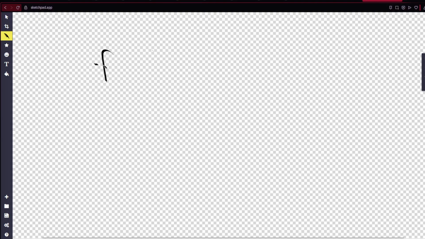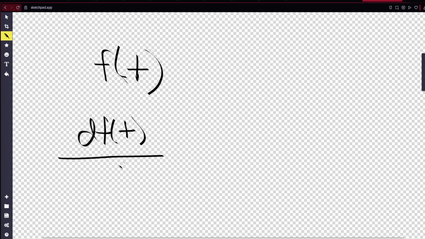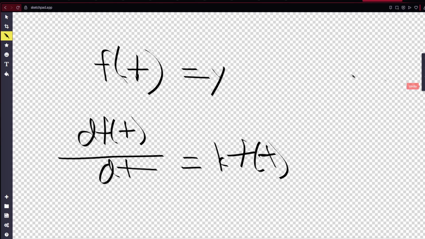So let's take a function f of t. Our book uses t because it's time, and time is typically the variable that many functions will be in. Let's say the derivative df/dt equals k f of t. In fact, let's just say this is equal to y to simplify things.